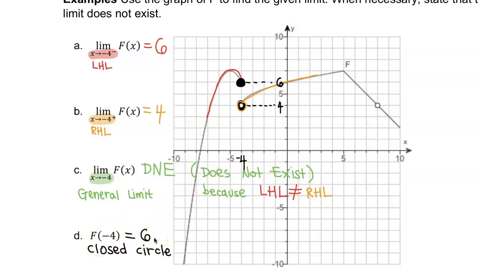And the last question is, is it continuous at -4? Does it look continuous? Can I graph this without lifting my pencil at this point? No, right?